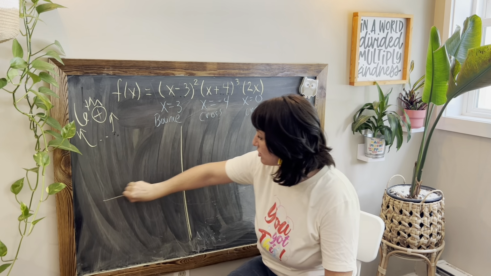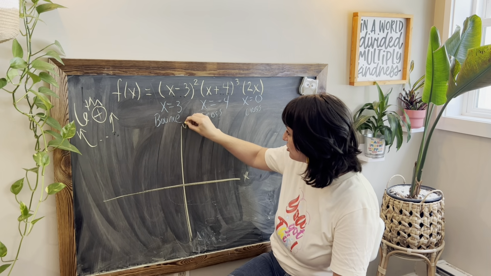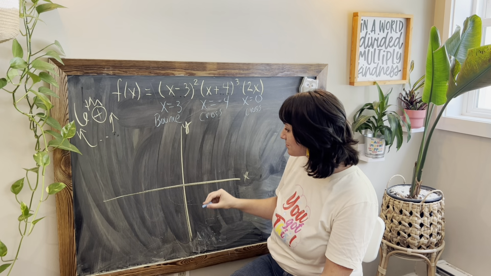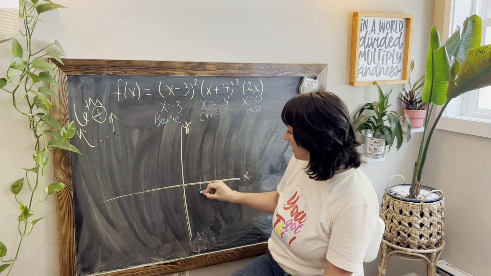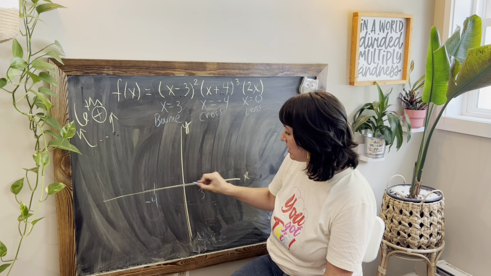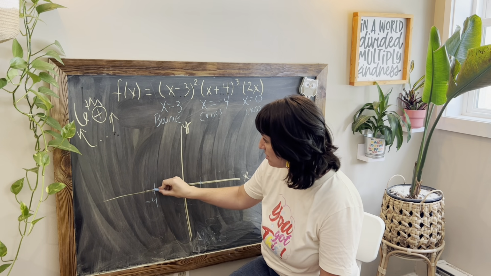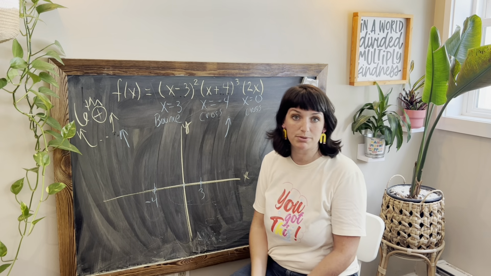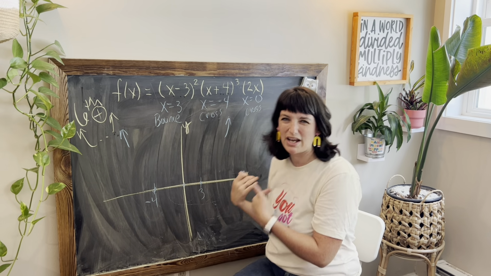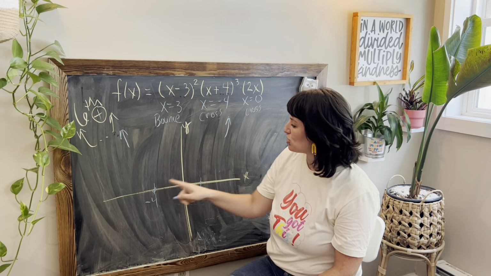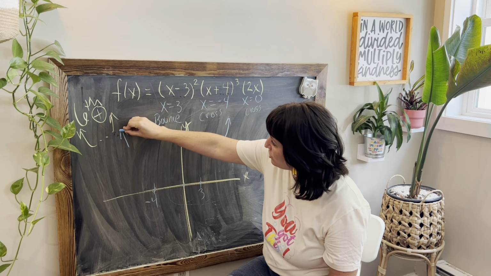Sketchity, sketch, sketch, sketch. Please notice on my sketch I'm not going to have any y values here. I am really just looking at behavior. I know my behavior. I have intercepts here, here, and here. I start with the ends, so I start up and up. Then I want to go left to right or right to left. It doesn't matter, but you're going to work one way through. Then each x you have found, does it change signs?